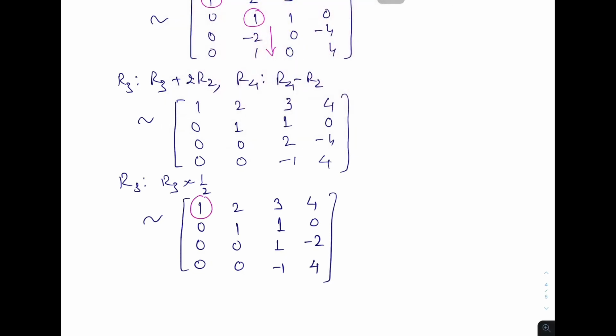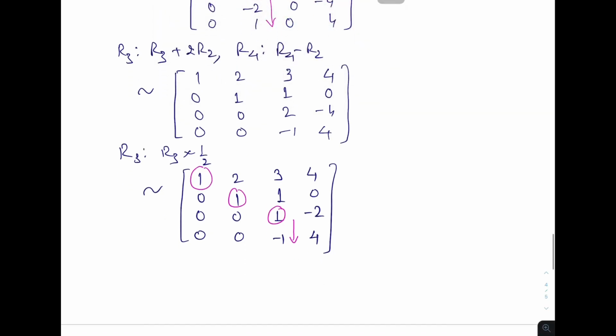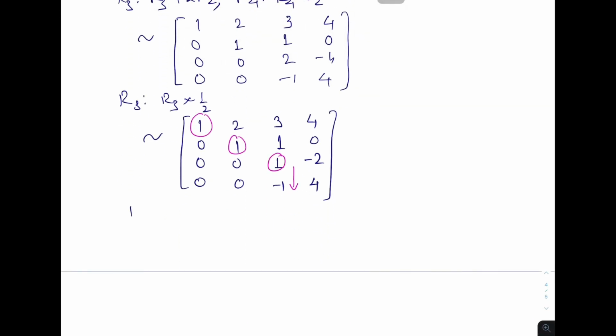Now by using the leading one here, make the entry below it 0, and so that is nothing but R4 plus R3.